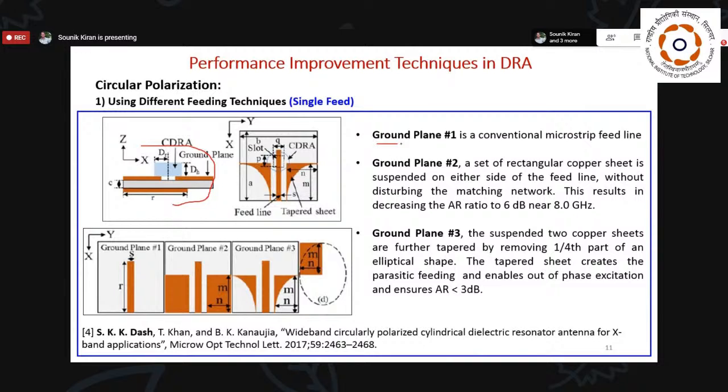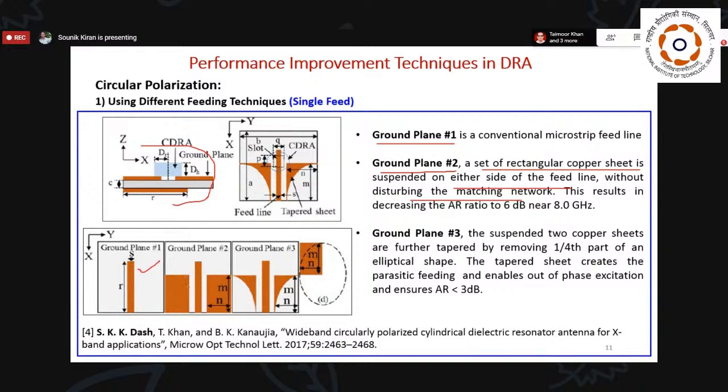First, we designed ground plane one, a name we just gave it. We used a simple feed. In the second structure, ground plane two, we put a set of rectangular copper sheets on either side of the feed line without disturbing the matching network.